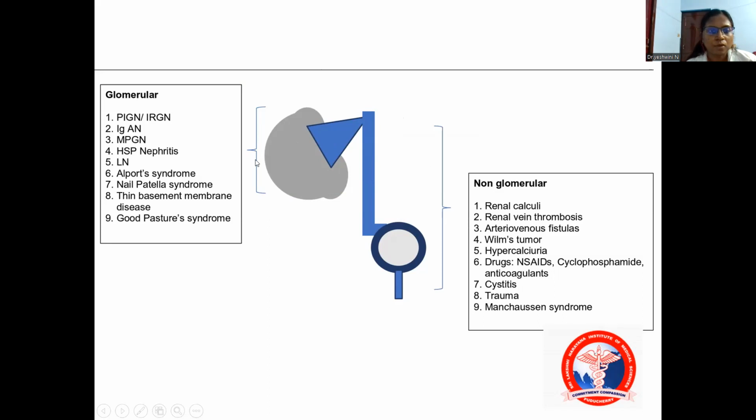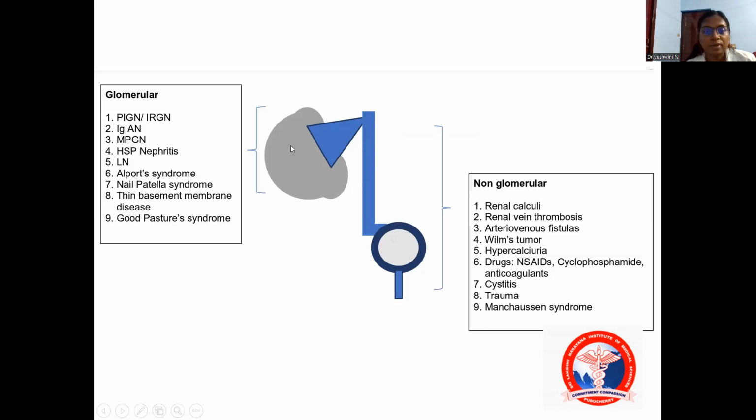The upper urinary tract comprises the glomerulus, tubules, and interstitium. The rest, from the pelvicalyceal system onward, is the lower urinary tract.